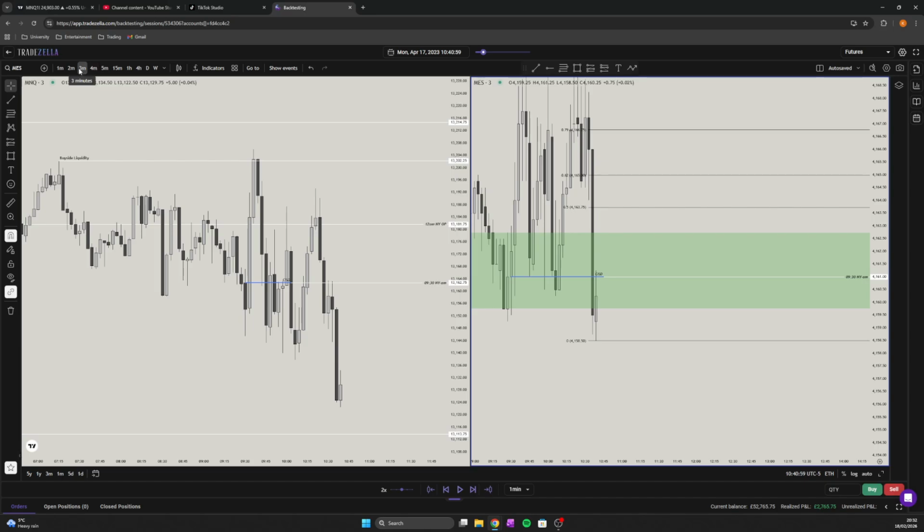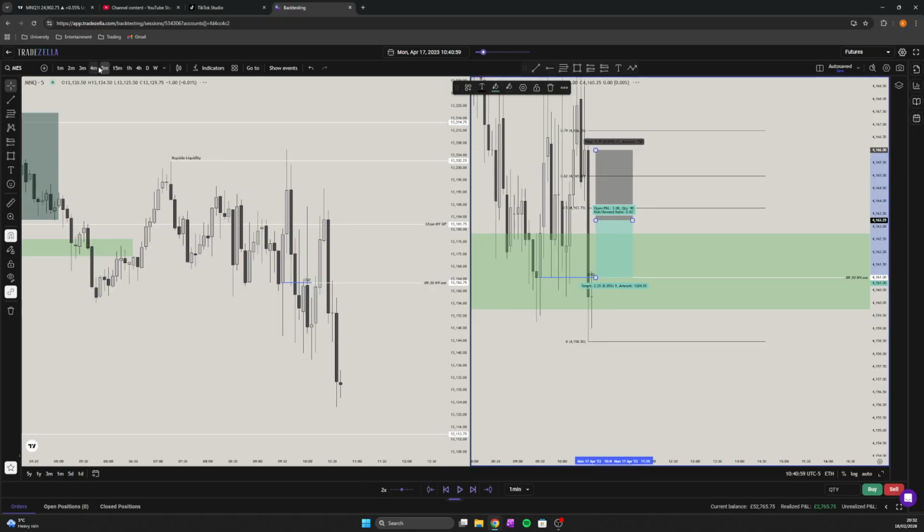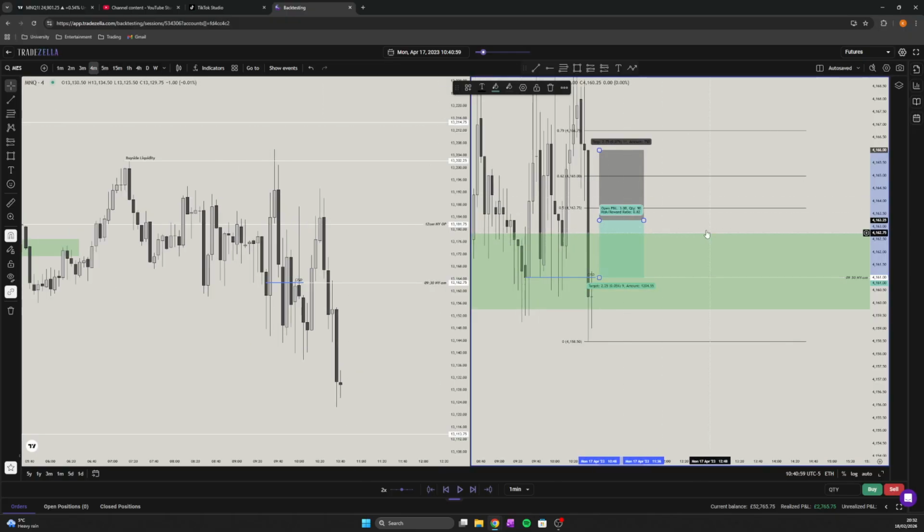Okay. I can only really see an entry on this area, which seems cool because we have an inversion, and then obviously this area here. So I'm going to put my entry right at this point. Place the high there, right? Price is unlikely to go past that area.